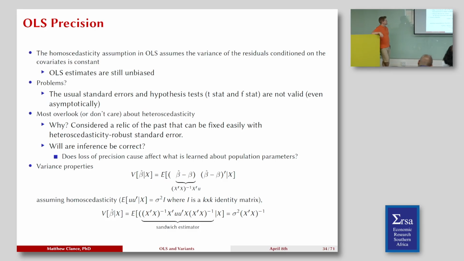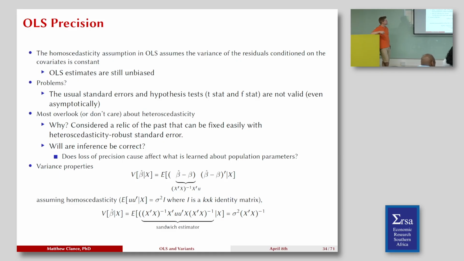As long as you're sticking to roughly what your area of literature does, if they cluster, if they bootstrap, however, there are so many different ways of making simple adjustments to the standard errors. As long as you're following your literature, then you're usually okay. Okay? But basically people don't care about it as much. They consider it a relic, if you want to call it that.